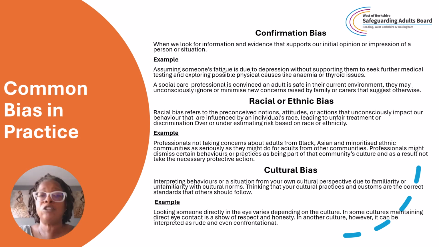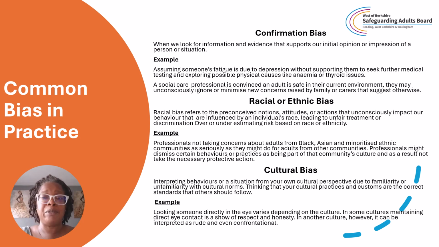It could be as a social care professional that you're convinced that an adult is safe in their current environment, and that you may then unconsciously ignore or minimise new concerns that are raised by family or carers that suggest otherwise.